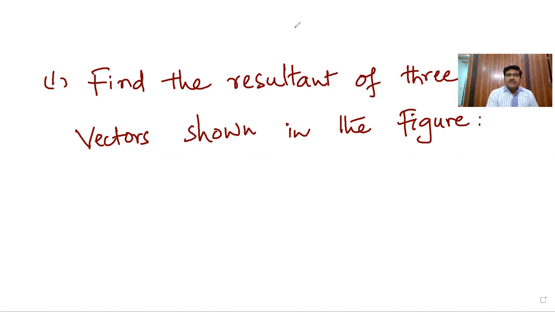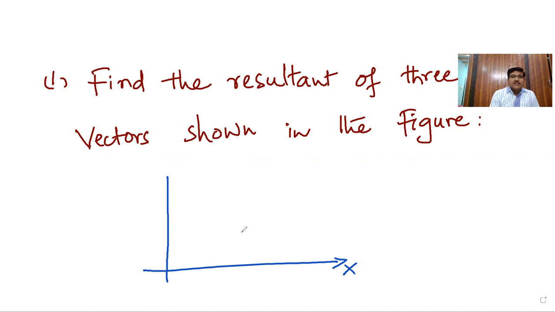Here is the figure. This is the x-axis, this is the y-axis, origin, and there is a force. This force has 5 meters magnitude, inclined at an angle of 37 degrees.